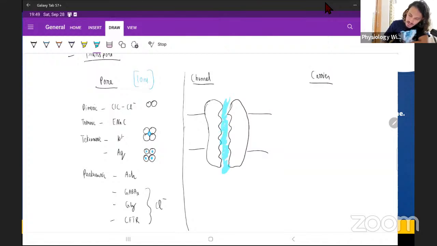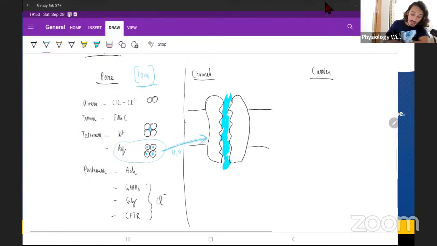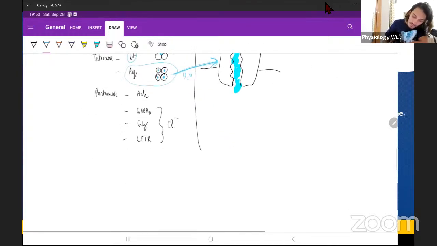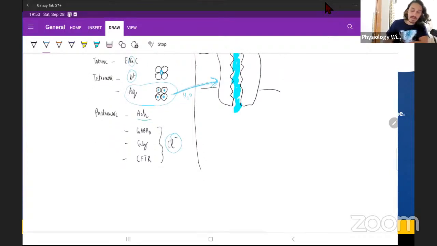Okay, so this thing that I'm talking about, this aquaporin channel, is a good example of a channel. Okay, so this is actually for your water, not ions. The rest of them are all for different ions or some neurotransmitter ligands.